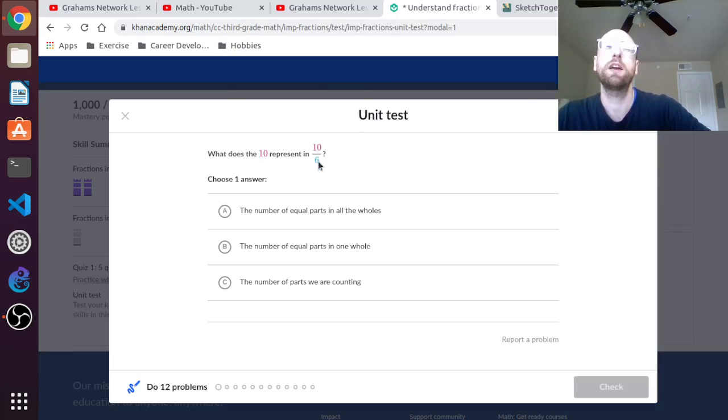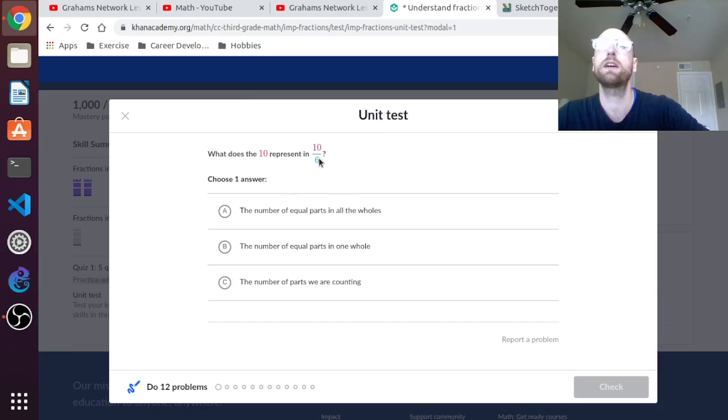Okay, so what does the 10 represent in 10 over 6? So we've got a numerator and a denominator. The 6, if we can think of this as a pie, we would have 1 pie.